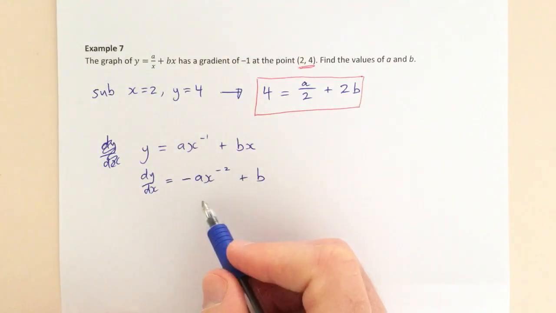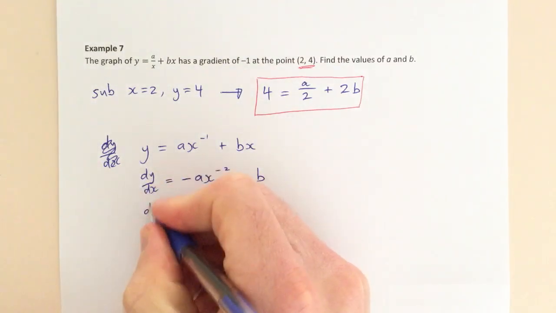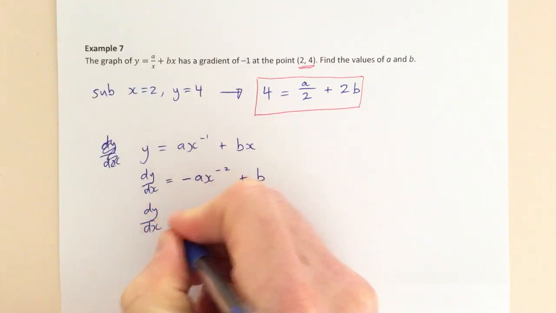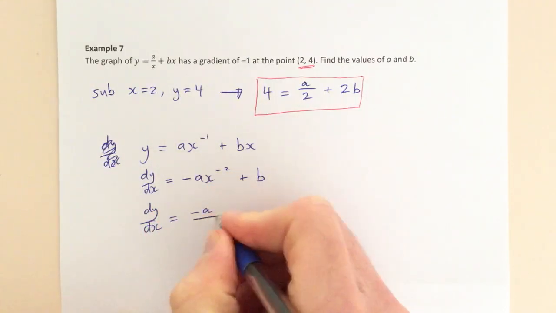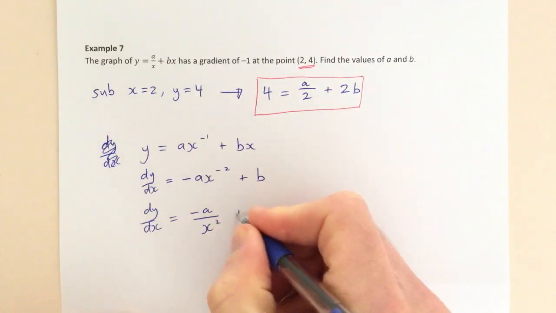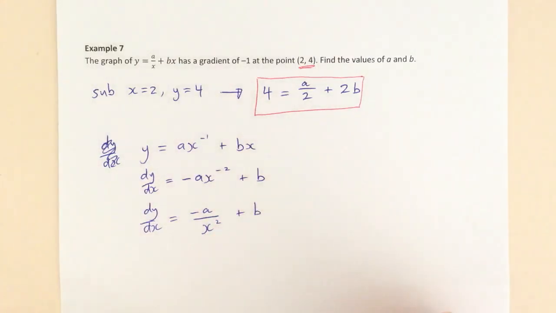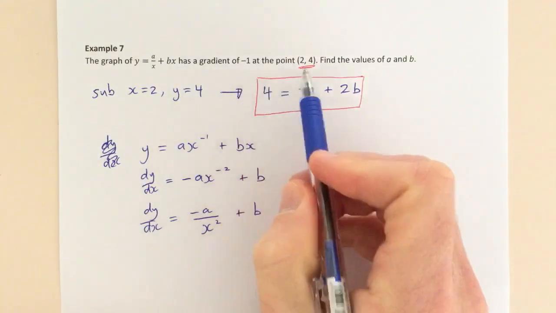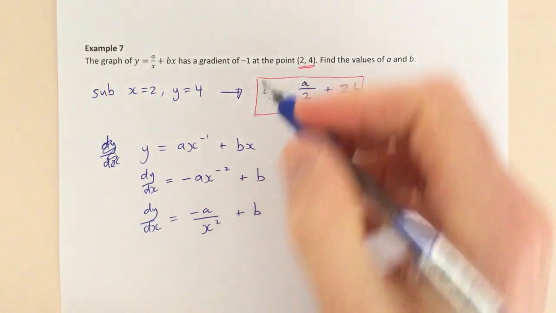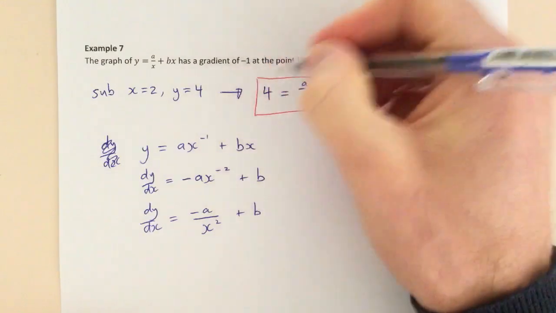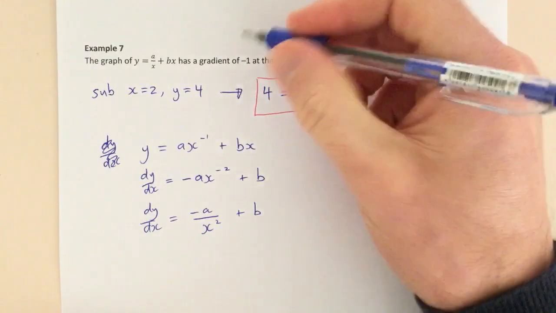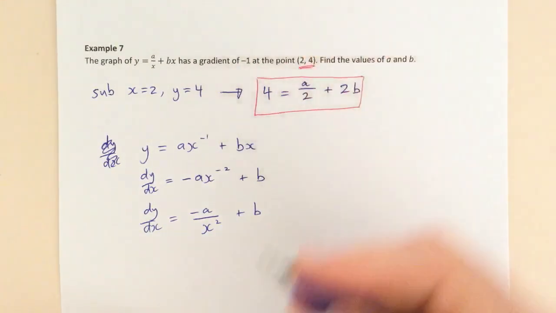Now let's have a look. Is it going to be easier to rewrite that? Probably. So dy/dx equals negative a over x squared plus b. And the question was saying that the gradient is negative 1 at the point (2, 4). So in other words, when x equals 2, dy/dx equals negative 1.